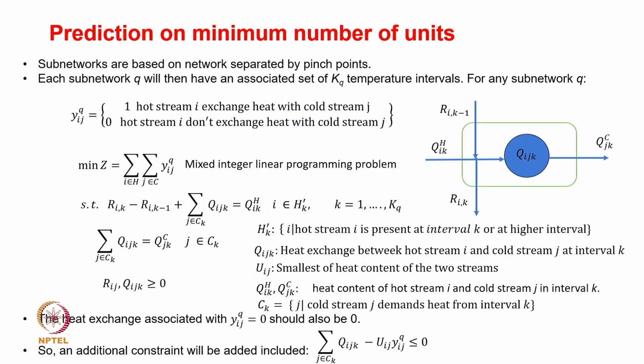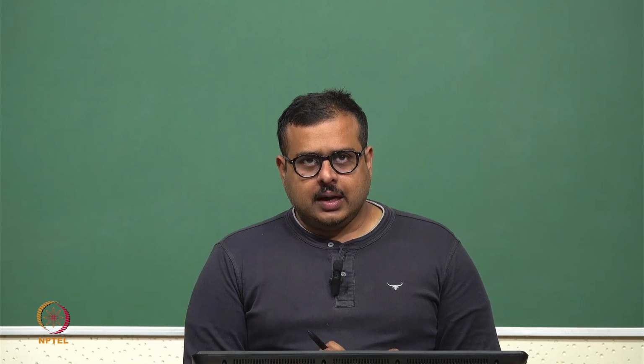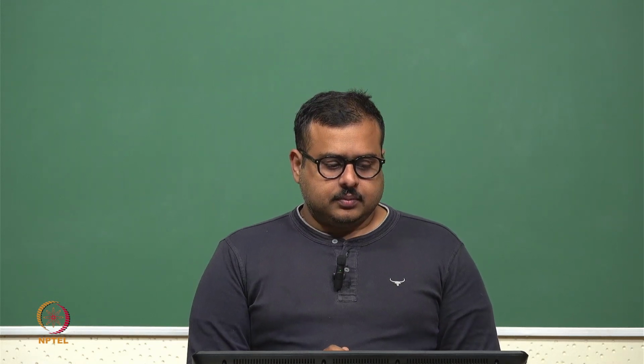Now we will look at the problem of minimum number of units. In minimum number of units, we are interested in having a minimum number of connections, so that your network is fairly more compact.